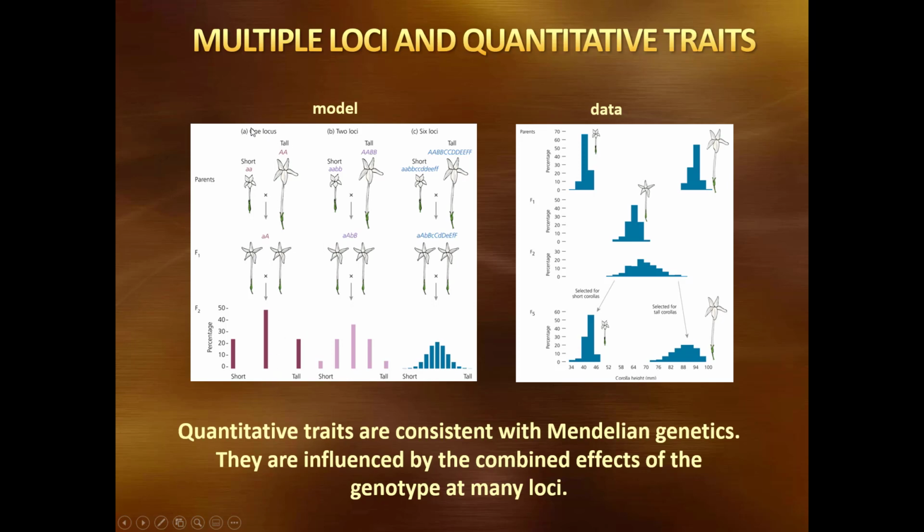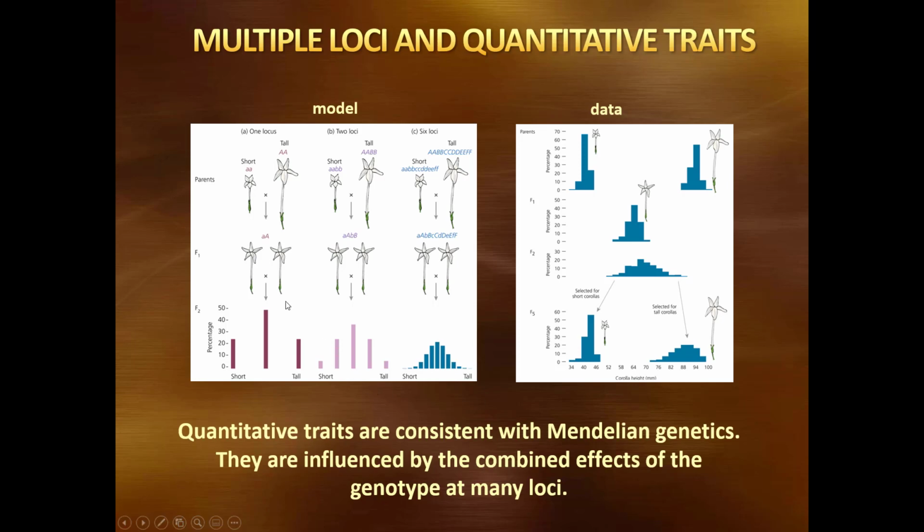So if we look over here on the far left, we can see that if you have one locus, in this particular case, the best you're going to get are 3 different phenotypes. So this one would be, let's say, an individual that has 2 recessives and it's short. Here on the right, we have an individual that has 2 dominant alleles, and so it's tall.